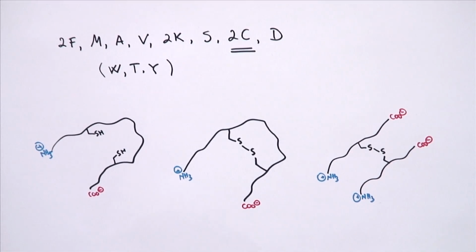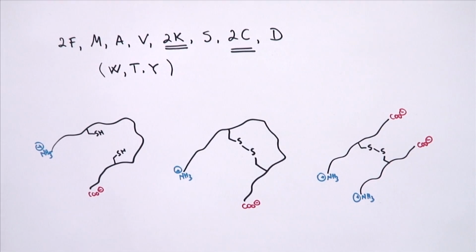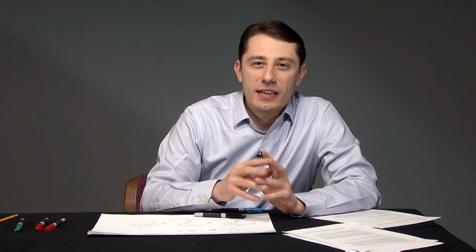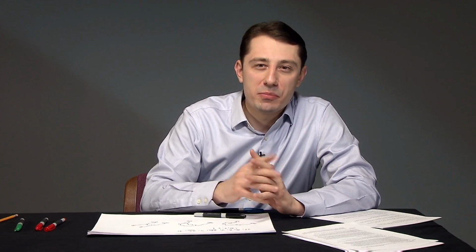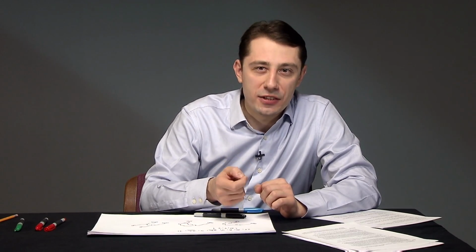Well, the fact that we're getting 2 lysines here is a very important clue. Now, remember, we're told that our peptide, this mystery protein, actually comes as a result of a trypsin digest.